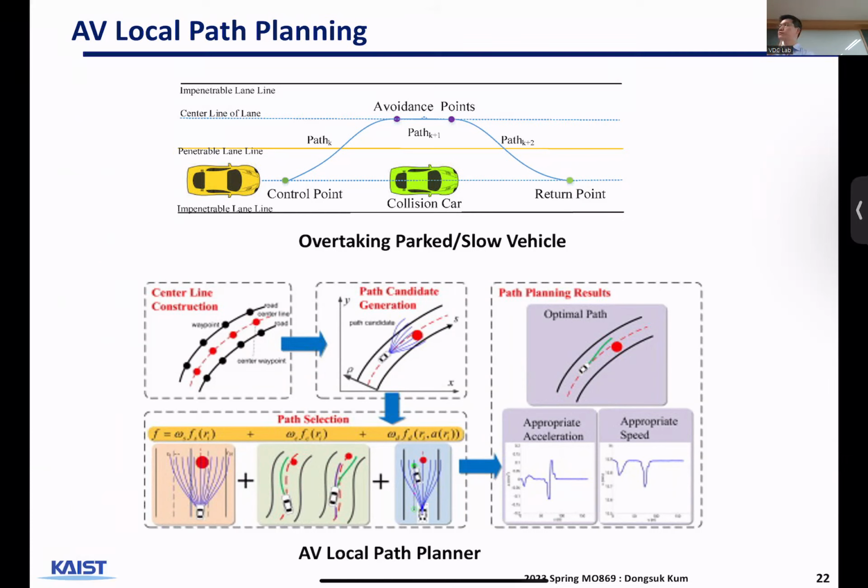But as you can see from this figure below, there's a lane, and we're going to propose path candidates, and then we can do collision checks, and then select the path that would optimize or minimize whatever cost function you are interested in.